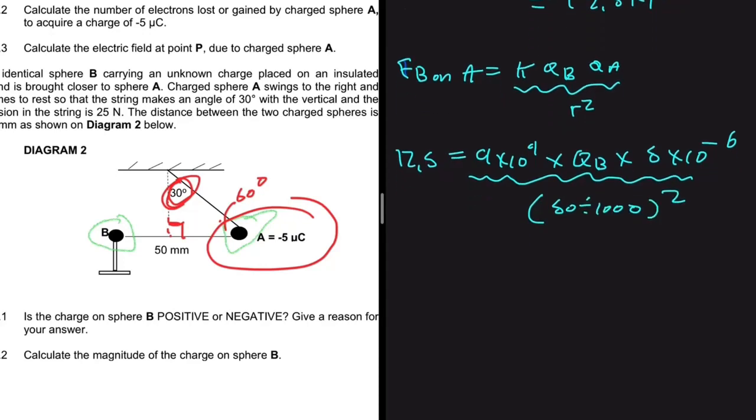And then now you can see that we have solved the conceptual physics problem. We're just doing the math. We're solving for Q of B, right? So here what we're going to do, we're going to cross multiply.